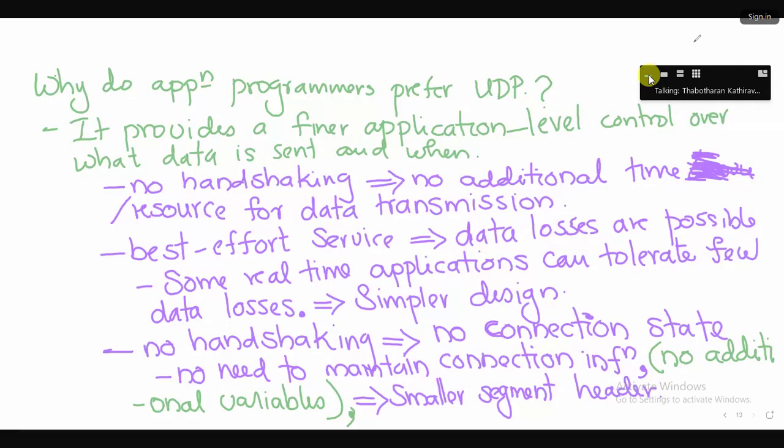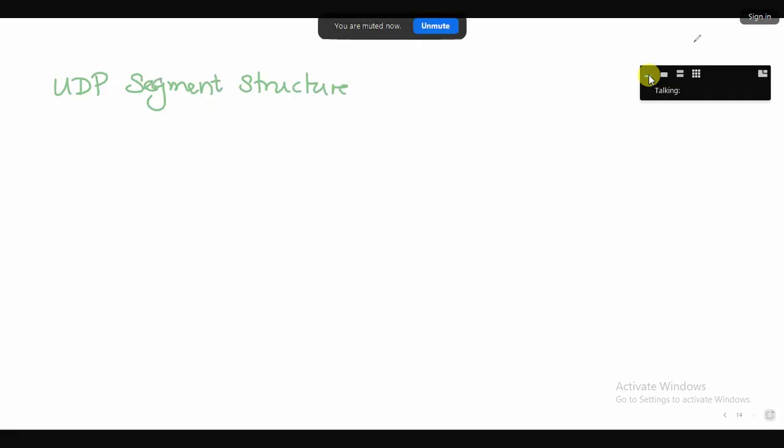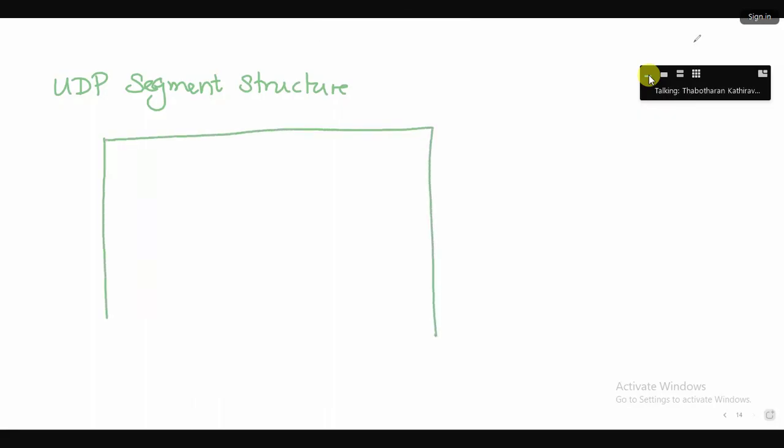There is one more small thing to look at: the UDP protocol segment structure. UDP's segment has very little information. We earlier saw that a segment will have header information.